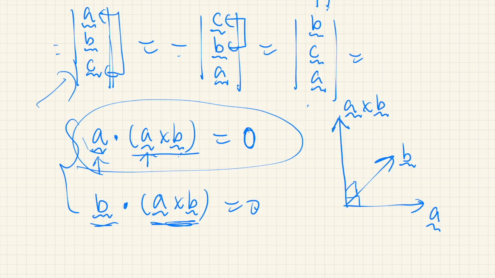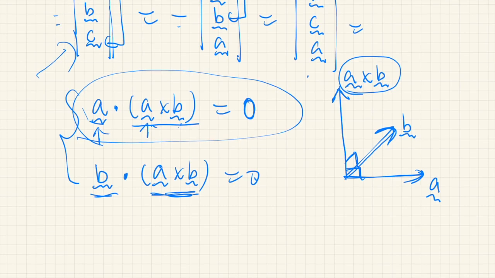This cross product is perpendicular to both A and B. The direction we haven't determined yet, but it will be clear that the direction of the cross product will be like this. It's called the right screw rule.